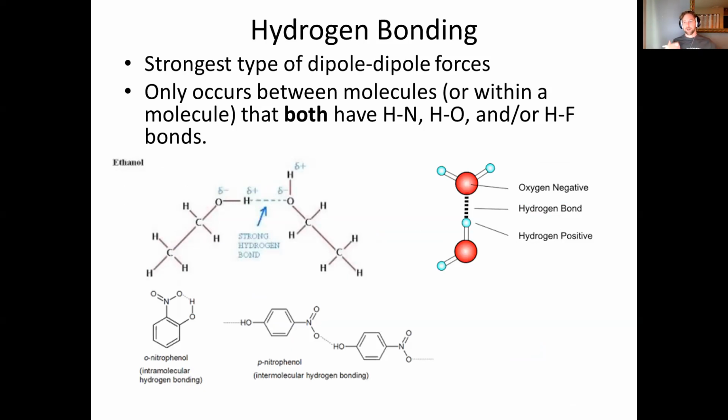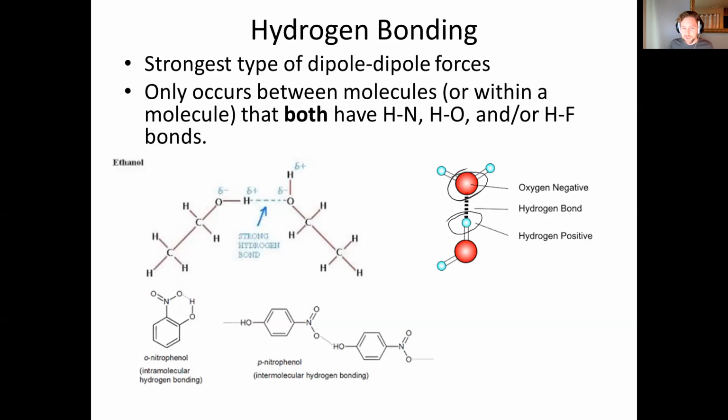So that's going to create a significant separation in polarity over a small space. So that partial positive charge on the hydrogen is enough to create an extra strong attractive force to those partially negative oxygen, nitrogen, or fluorine.